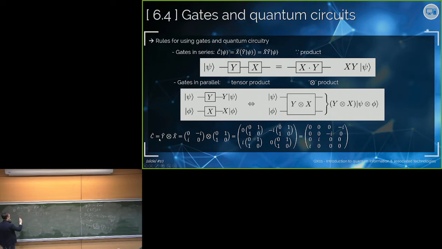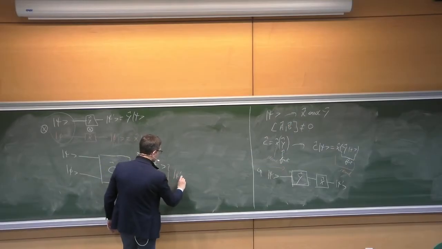I go from this to this, where now I have a common gate, C, which is a combination of X and Y for each of them, and I will have two outputs, which I call psi prime and phi prime, the tensor product: psi, phi, psi prime, phi prime.